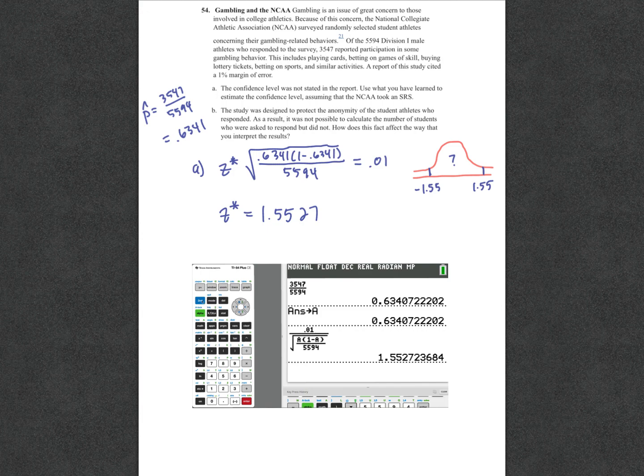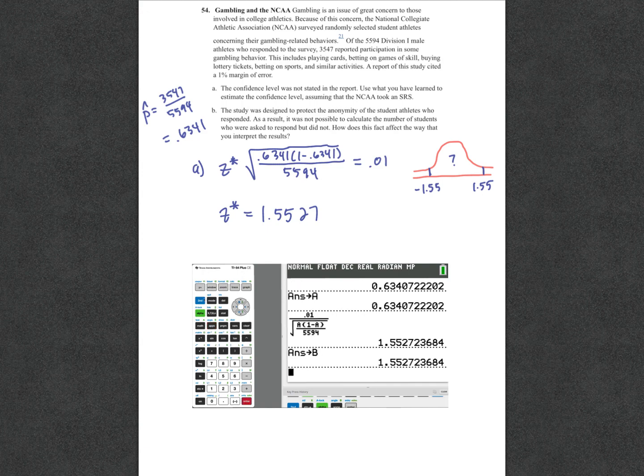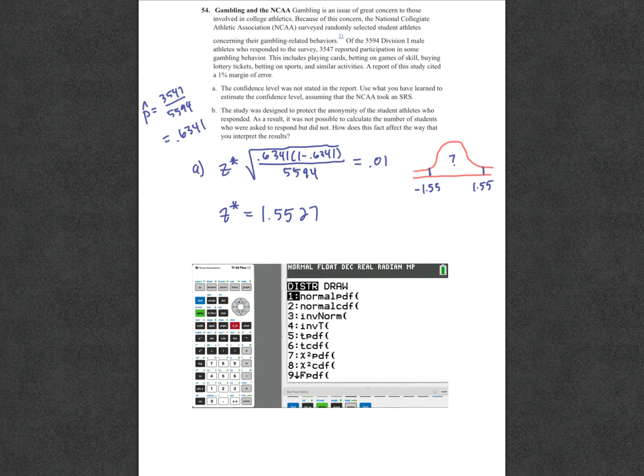I made a mistake, I forgot, I'm going to store this value first. So B is that value. Now when we go to normal CDF, I can just use B and negative B, and that's what I did. Hopefully that makes sense.